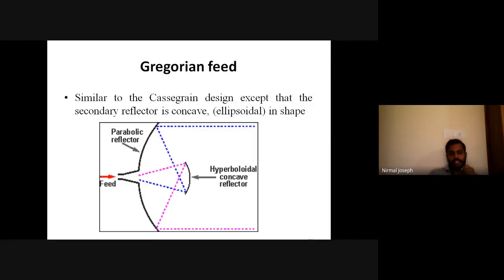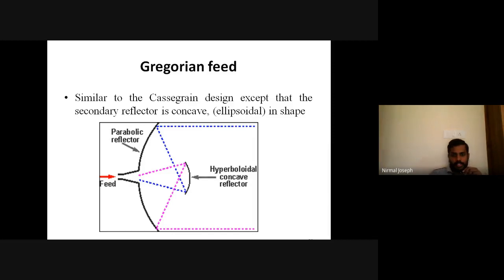So the next one is the Gregorian feed. It is similar to the Cassegrain design, the only difference being that the secondary reflector is concave.